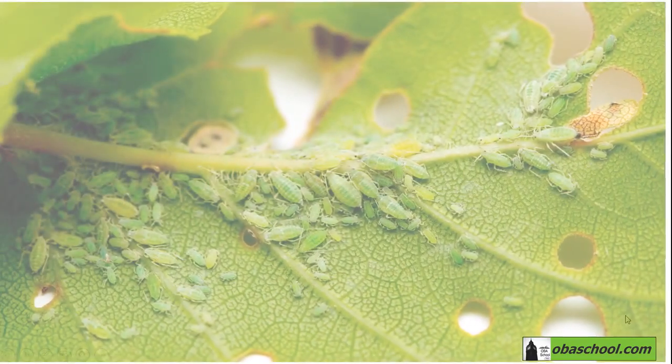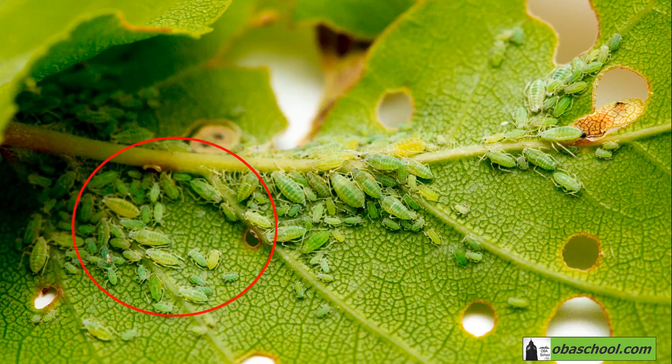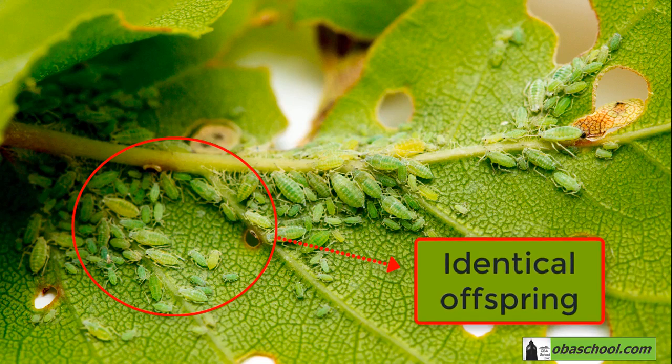On the other hand, some animals such as aphids can also reproduce asexually. As you can see, these animals just copy one another and create identical offspring with no single variation.